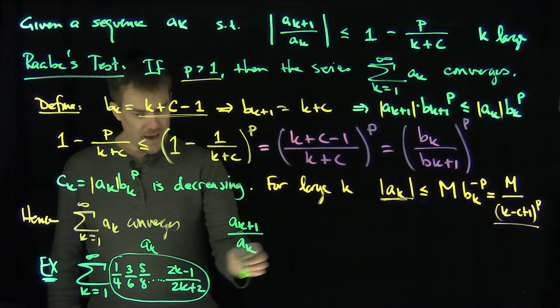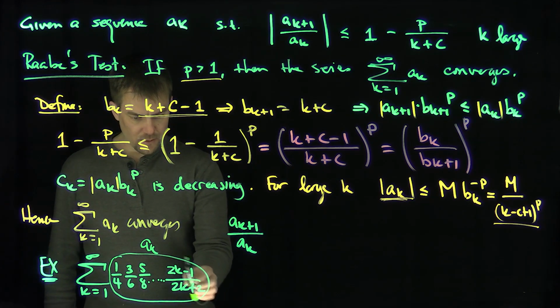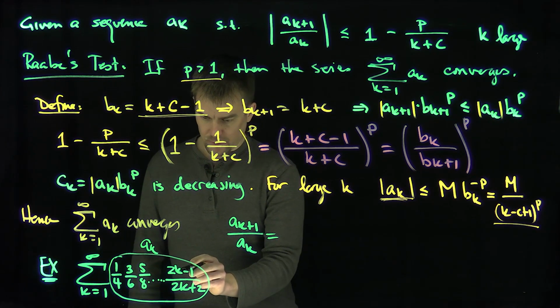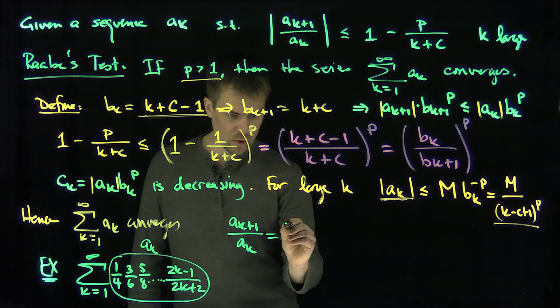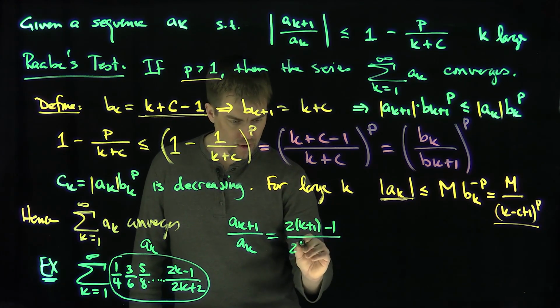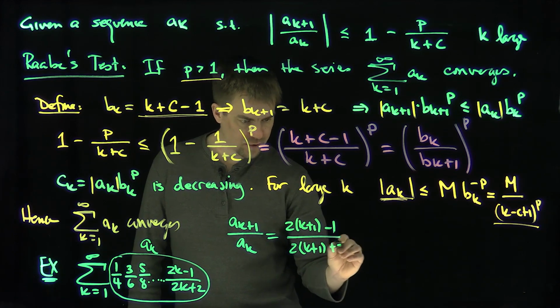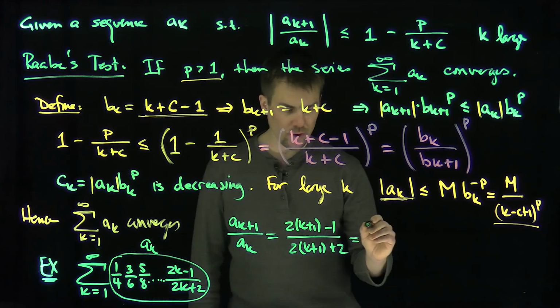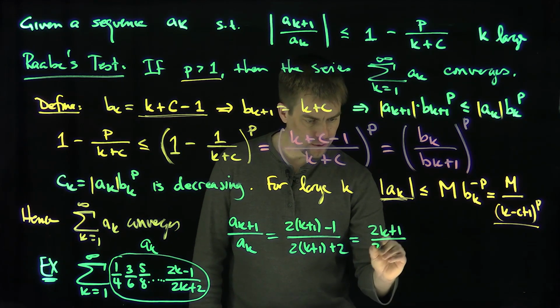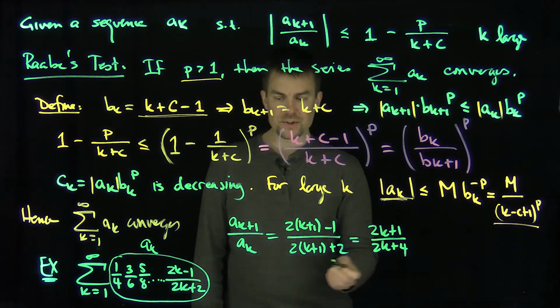The next term is going to be 2 times (k plus 1) minus 1, over 2(k plus 1) plus 2, and that's equal to (2k plus 1) over (2k plus 4).